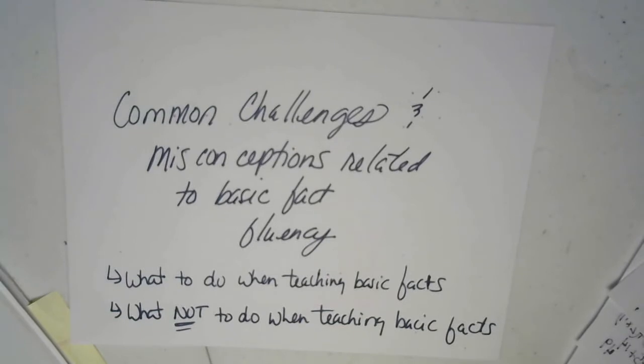All right, and we're on page 208, where we talk about the common challenges and misconceptions related to basic fact fluency. You have a student who does not recognize the inverse relationship. What does that look like?